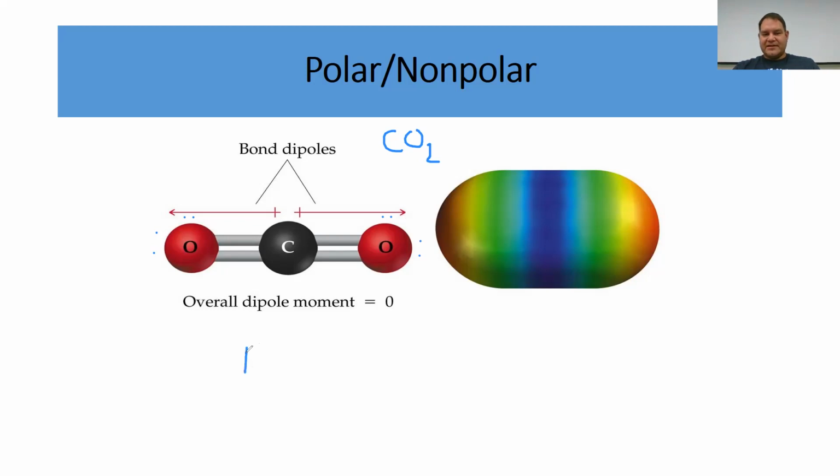So we're going to say that carbon dioxide is a nonpolar molecule, okay? Nonpolar. And again, it's basically because both dipoles are pointing with the same magnitude, but in opposite directions, so it eliminates that dipole, okay? We'll give you some more examples of this, so don't worry.